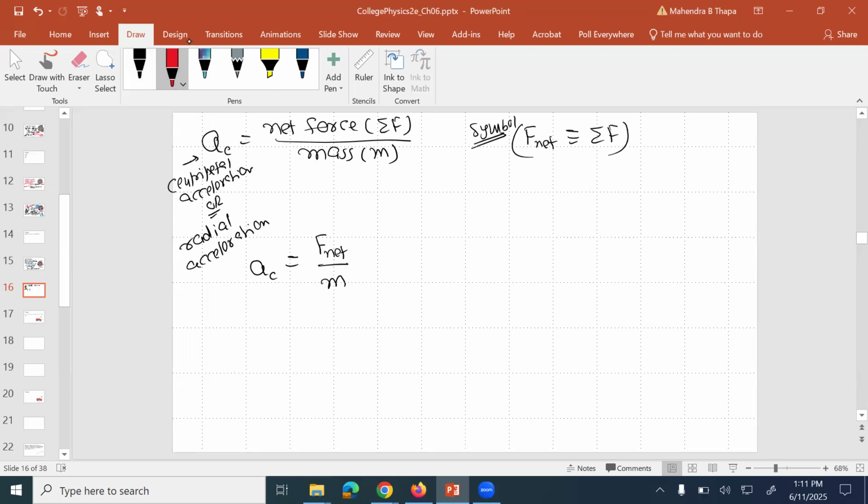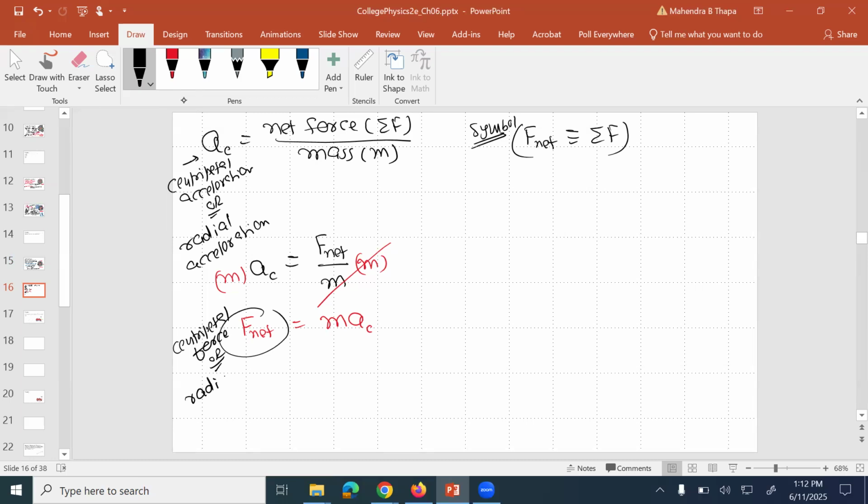I'll be multiplying both sides by m. This m cancels out. So F net here is called centripetal force. F net equals m times AC. So this F net is centripetal force or radial force. This total force, instead of F net, we could write Fc, which will be equal to m AC, centripetal acceleration.